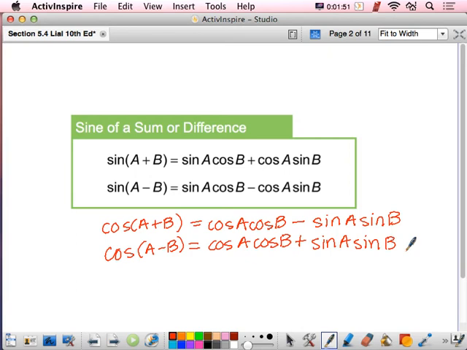Do you guys see the pattern, how different it is? This one starts with sine, cosine, keep the sine, cosine, sine. So it alternates off. Sine, cosine, keep the sine, and then cosine, sine. So be really, really careful with those.